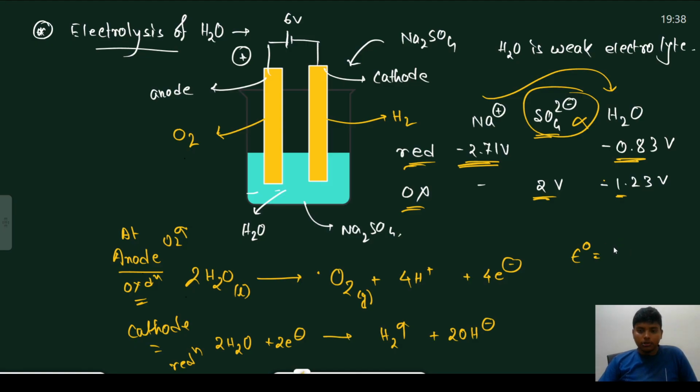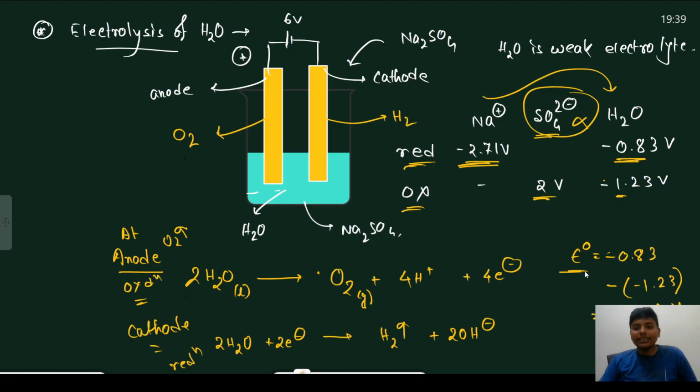So cathode is minus 0.83, minus of minus 1.23. Clear? So that will become minus 2.06 volt.